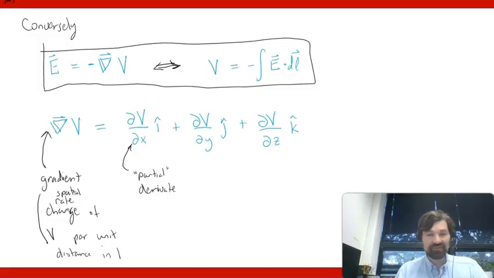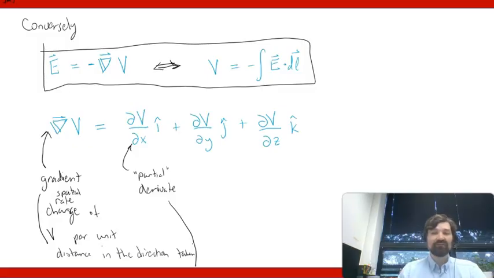You could say in the direction taken. And generally speaking, if it's not specified, if we just vaguely say what is the gradient of V, we usually mean in the direction in which V changes most rapidly.